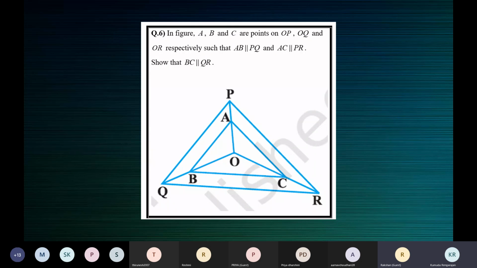No, if you say PQR, when AB is parallel to PQ, A should lie on one side of the triangle and B on the other side. Maybe you can disable your mic and listen to me. When you take up triangle PQR, the other sides are PR and QR. A does not lie on PR, B does not lie on QR.